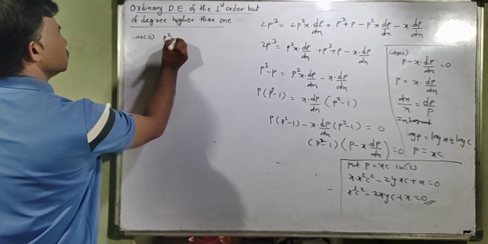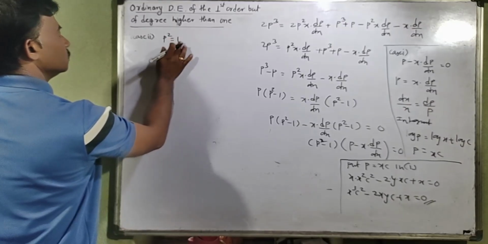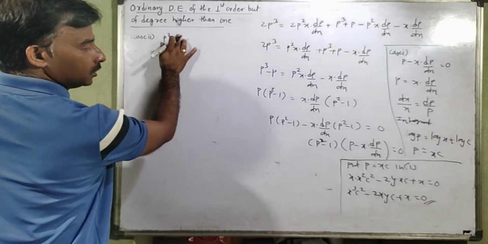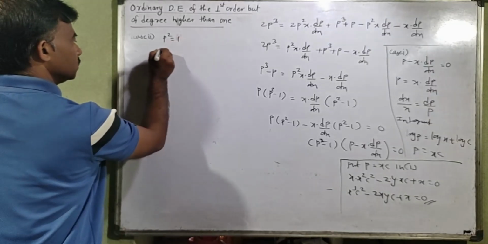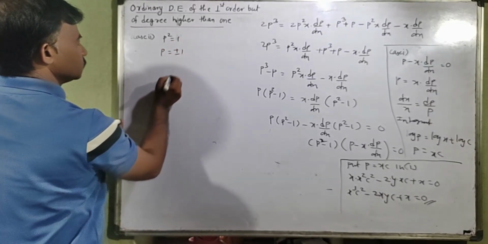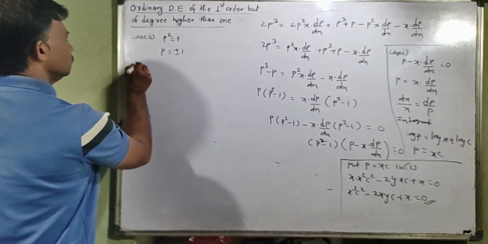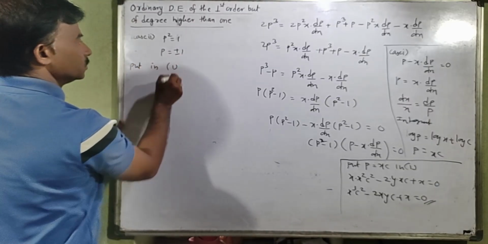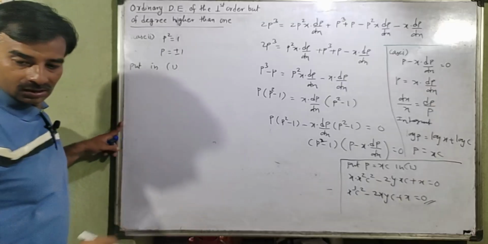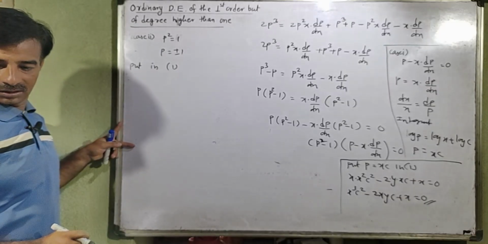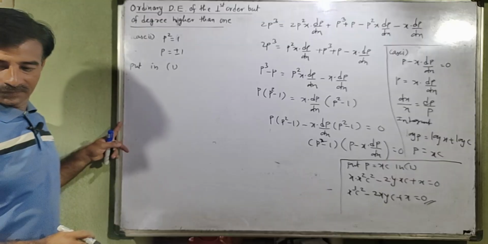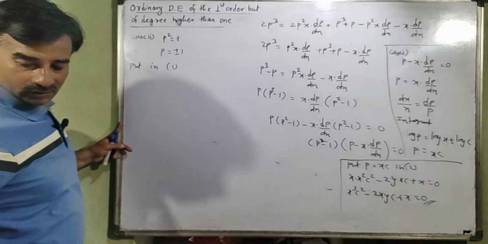According to that, case number 2 is here. p square is equal to 1, and p is equal to plus minus 1, and putting this value in equation 1.